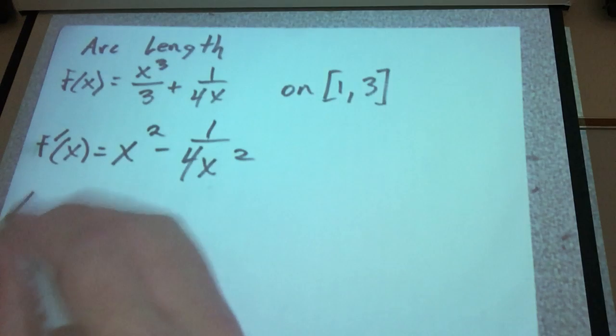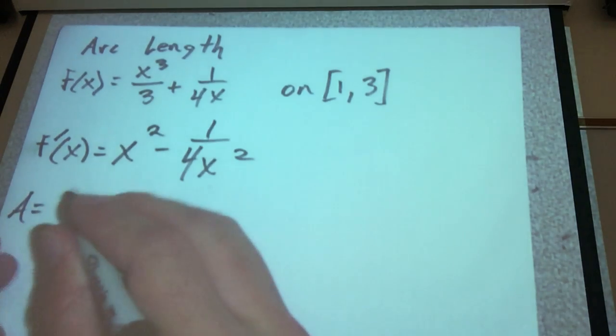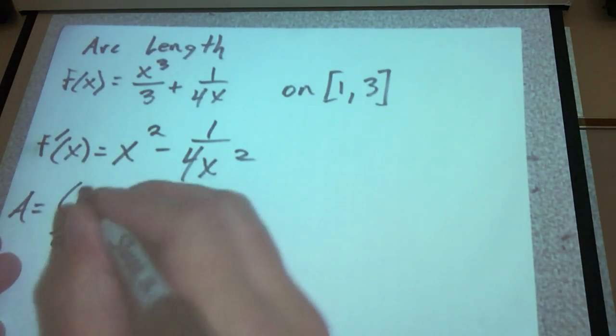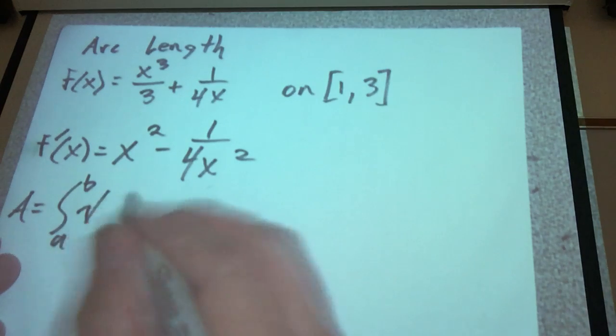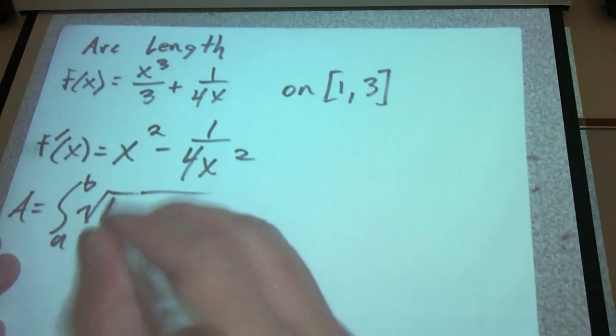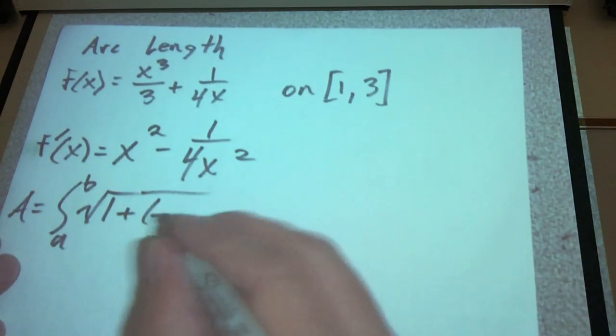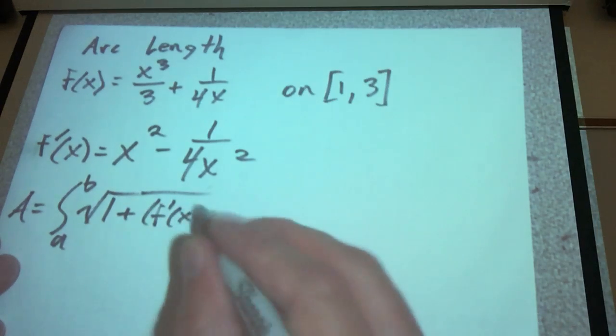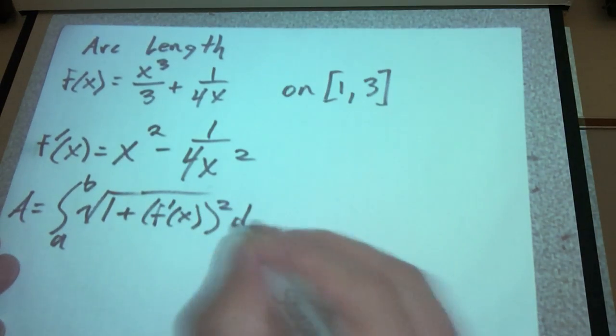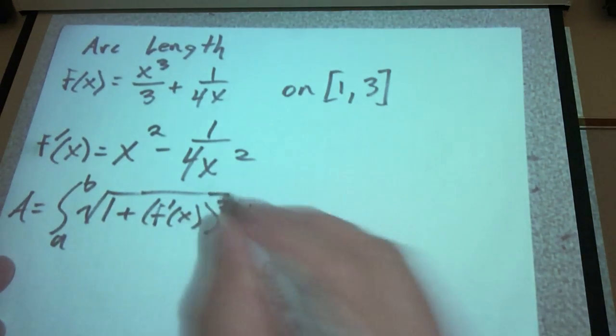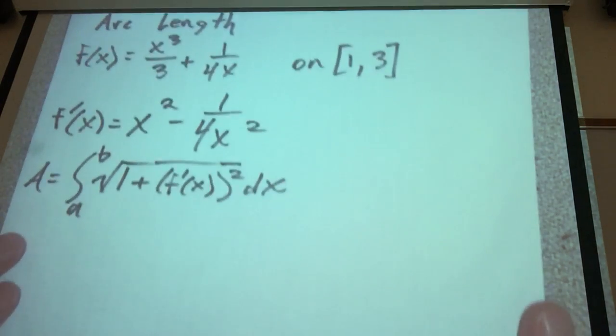And now the formula for arc length is the integral from a to b of the square root of 1 plus f prime of x squared. It's an integral with respect to x.